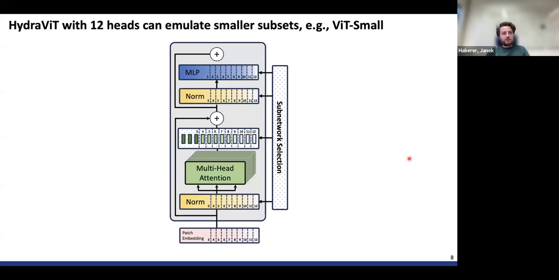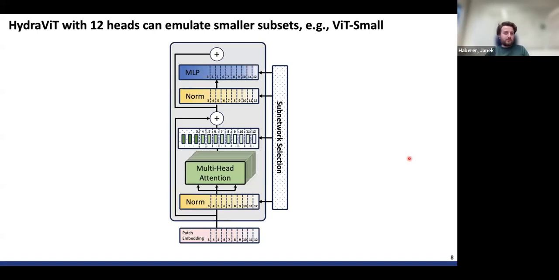So what we can do is we can initialize a HydraViT with the ViT base architecture and then load the pre-trained weights of a ViT small and then run it at our 6-head configuration essentially, which is the ViT small configuration. And then we actually do get the exact accuracy that you would expect from a ViT small pre-trained network.